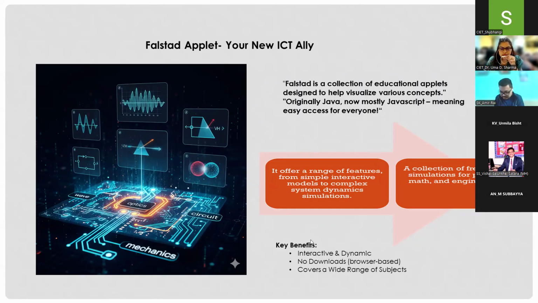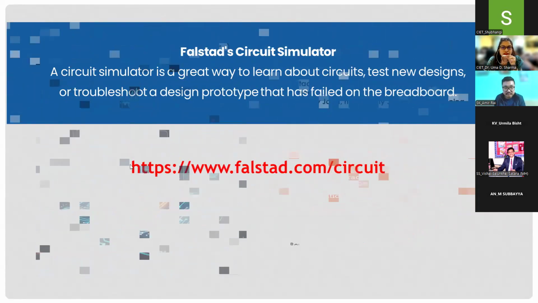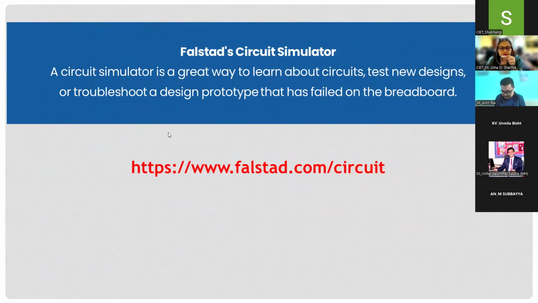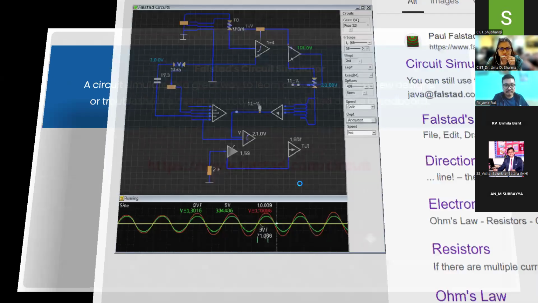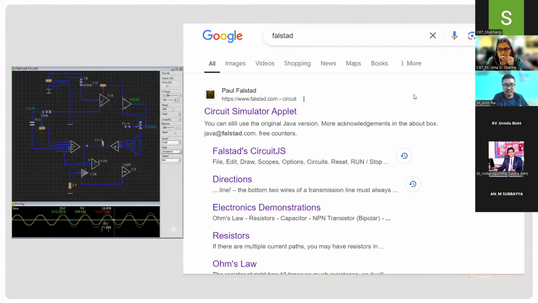Okay, so let's start. The key feature is this only: it has no downloads. It is a simple browser-based tool. So let's start with what you have to do. All of you kindly go to www.falstad.com. Yes, www.falstad.com. Once you go there, simply by googling Falstad, this kind of screen appears in your Google Chrome. Is it so?